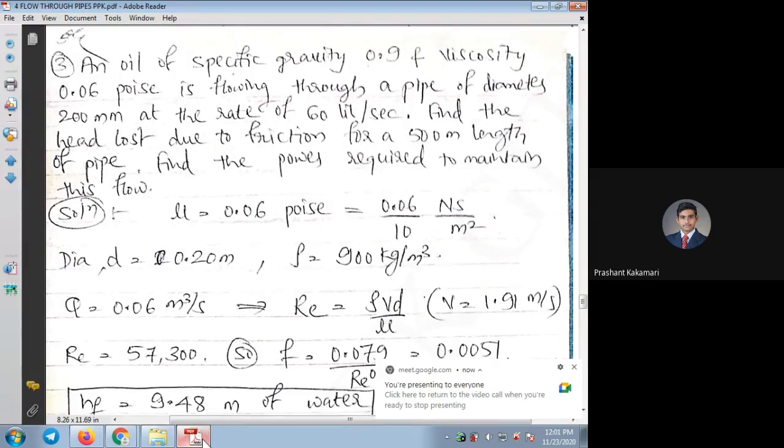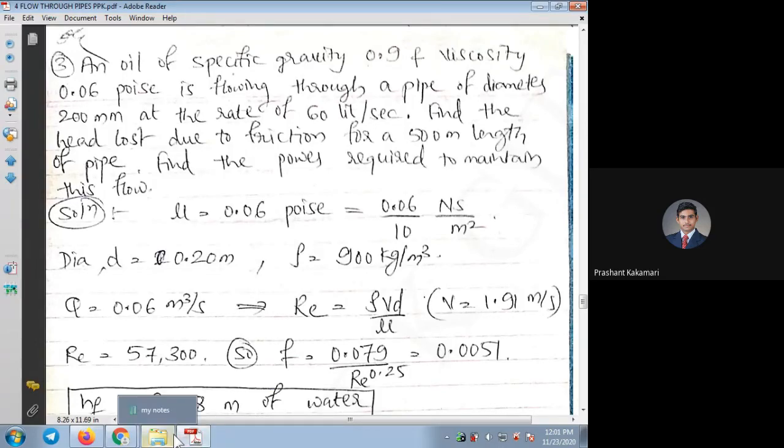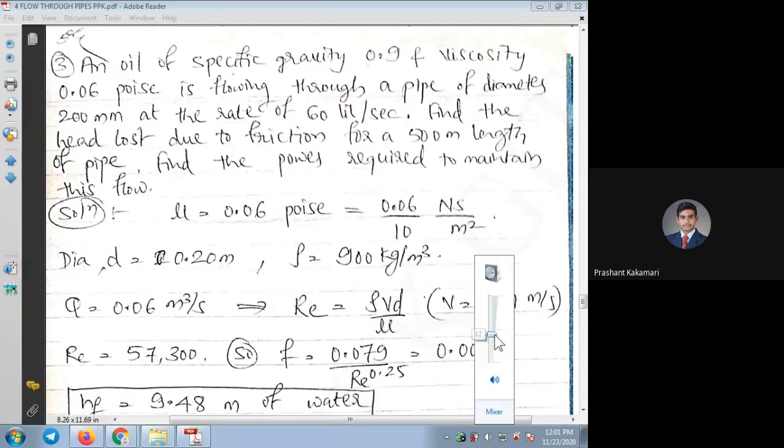If the viscosity is given in poise, you have to tell whether it is kinematic viscosity or dynamic viscosity. That oil is flowing through a pipe of diameter 200 mm at a rate of 60 liter per second. Find the head lost due to friction.